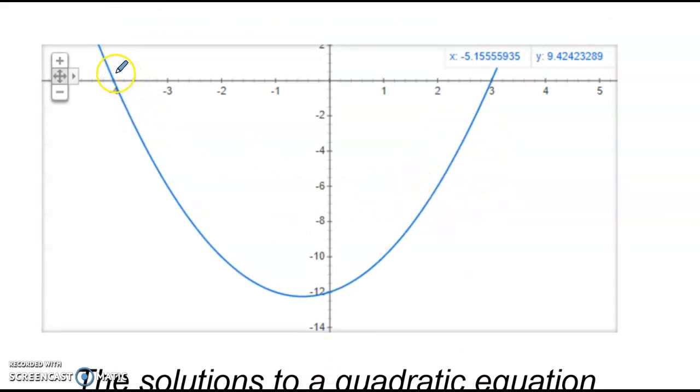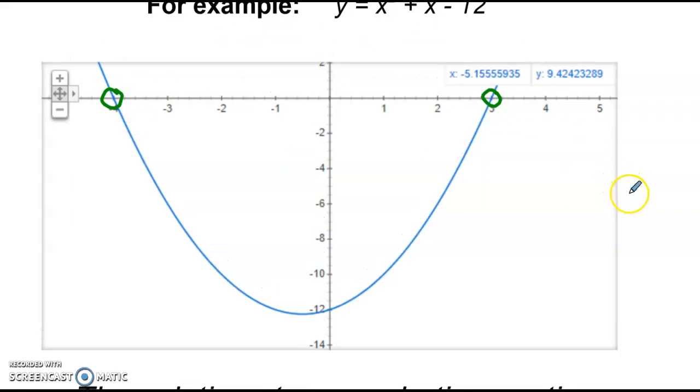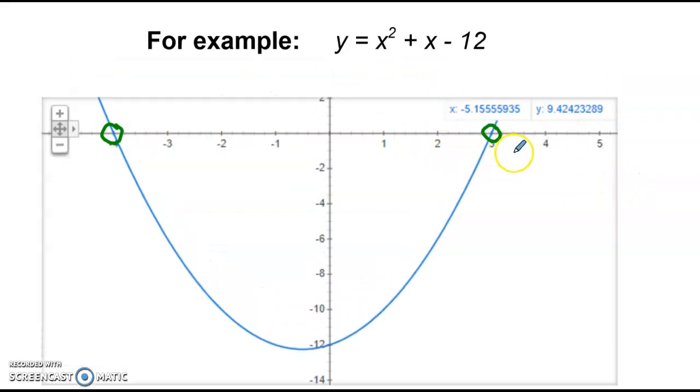You can see with this example here, which we're going to look at again later, it has two x-intercepts, not y-intercepts. It crosses the x-axis at -4 and it crosses at 3. So this is what we mean by the solutions when we're trying to solve a quadratic equation.